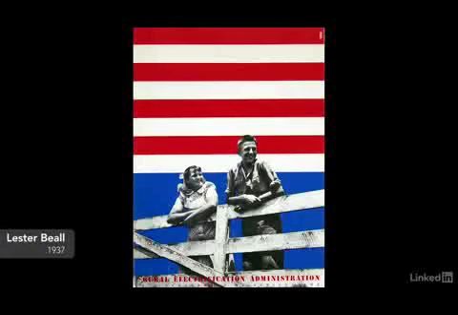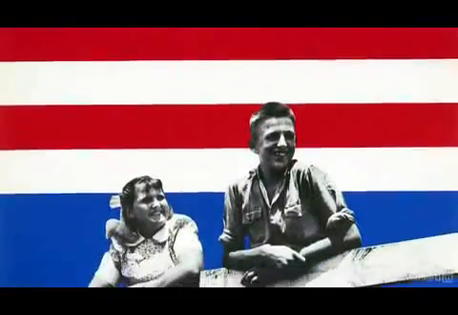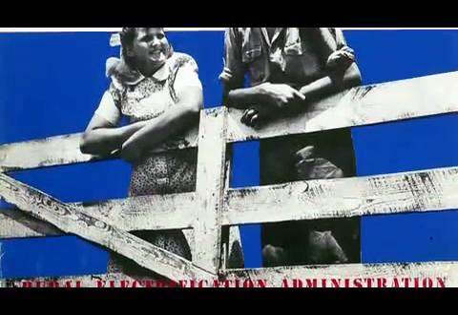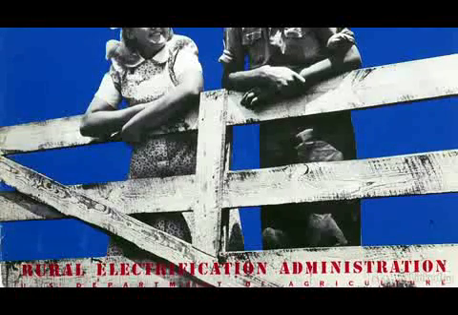Lester Beall's posters for the Rural Electrification Administration are a great example of complex messages reduced to geometry and symbols. In 1935, 90% of America's rural areas had no electricity. Beall was tasked through the WPA to convince people in these areas to adopt electricity.